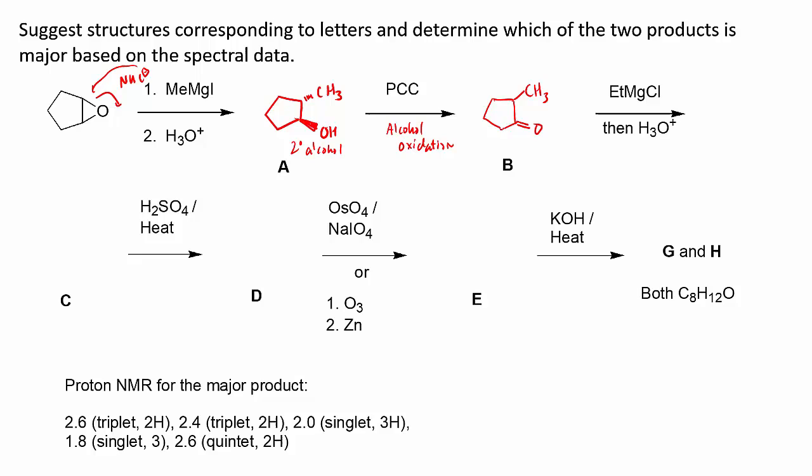The epoxide's not chiral, it's meso, so even though it's making a chiral compound, it would make it racemic, so we're just going to leave the methyl without any sort of stereochemical definition, okay? Here, we're going to add ethyl to the C=O and get the alcohol.